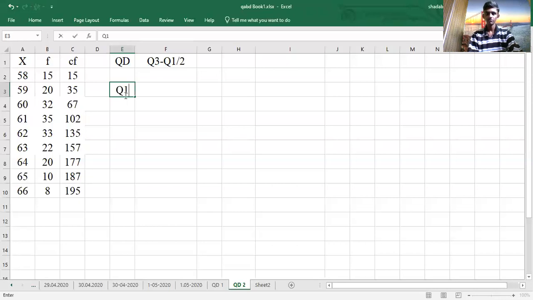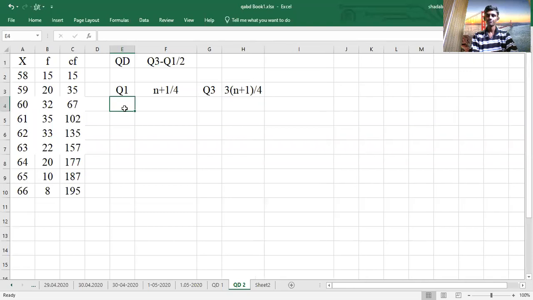For Q1, the formula we know is n plus 1 divided by 4. For Q3, the formula we know is 3 into n plus 1 divided by 4. This is the formula for calculating Q3.